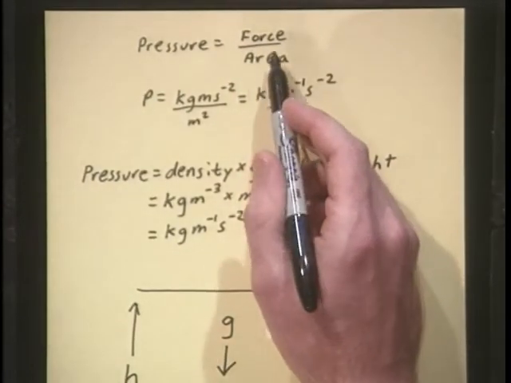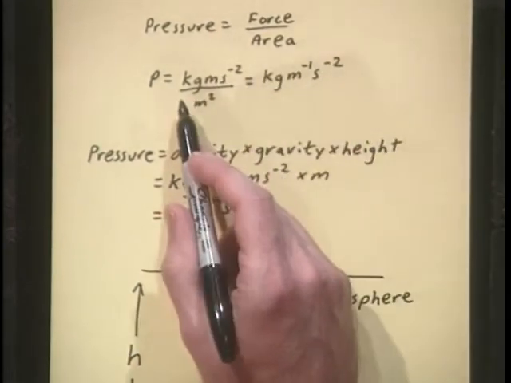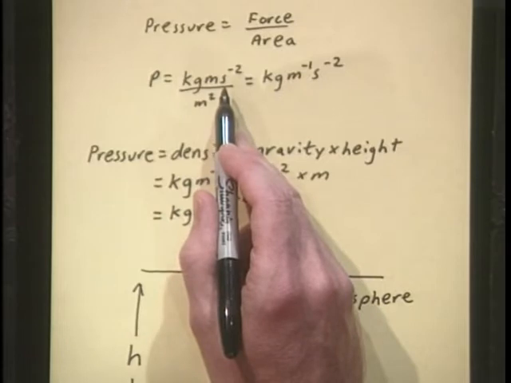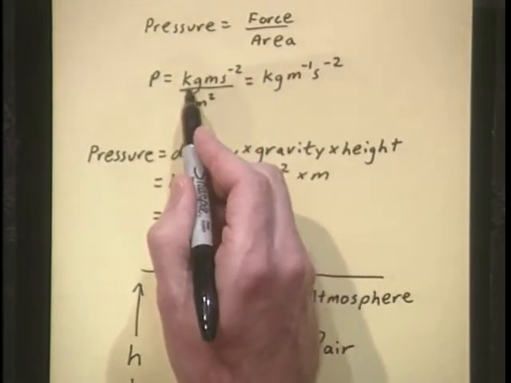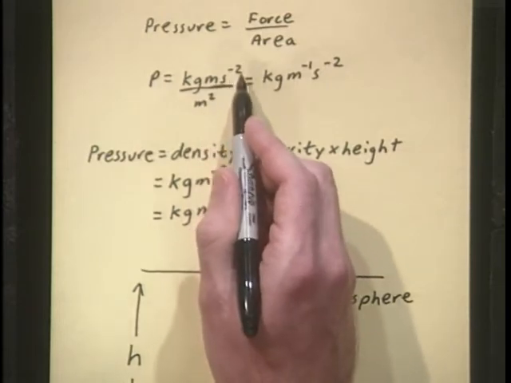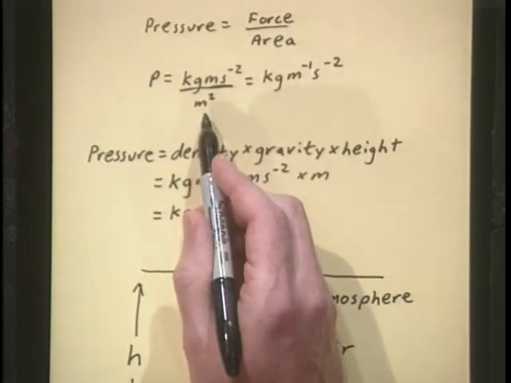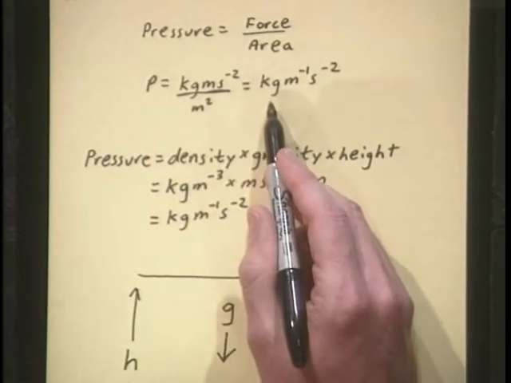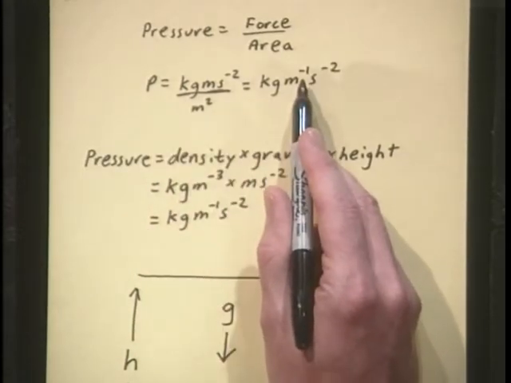Pressure is force divided by area, and our units of force are mass times acceleration, where acceleration was gravity in this case. So we have mass, kilograms, times gravity, meters per second to the -2, divided by an area of meters squared. And so the basic units of a Pascal are kilogram times meter to the -1.